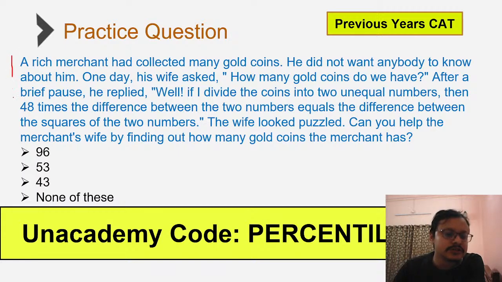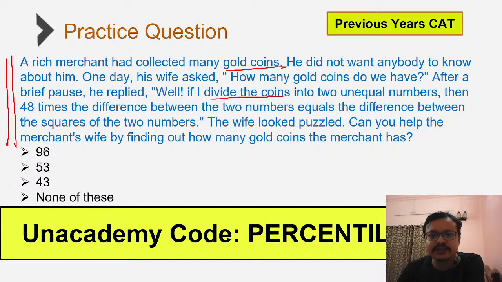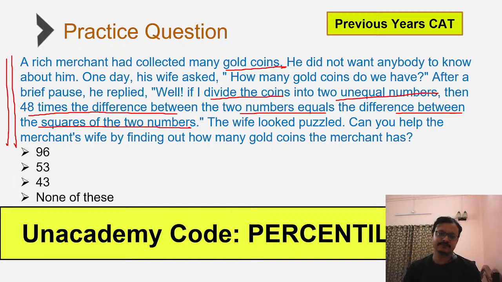Let's move on to the third question. The third one is saying a rich merchant has collected many gold coins. However, he did not know how many of them were there. So he said, if I divide the coins into 2 unequal numbers, then 48 times the difference between the 2 numbers equals the difference between the squares of the 2 numbers.